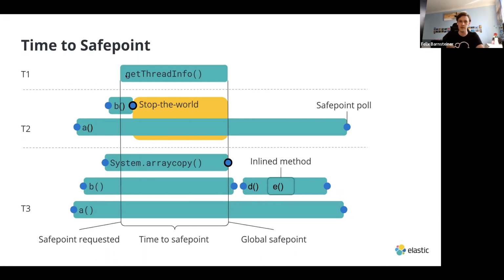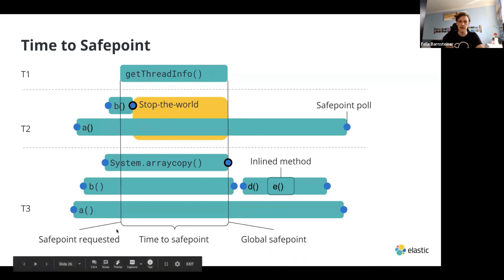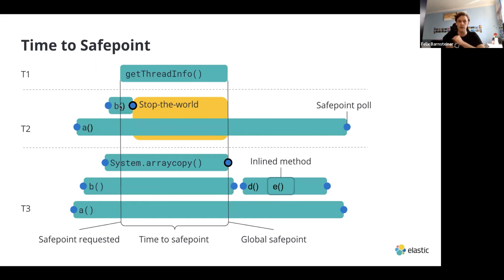So it calls the ThreadMXBean getThreadInfo, or dumpAllThreads method for that matter. And that basically flips the switch or the flag in the JVM, which means a safepoint has been requested at this point. So now we have to wait for all of the threads to reach a safepoint.